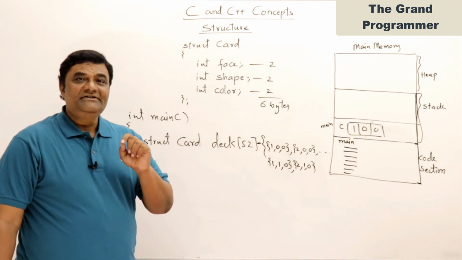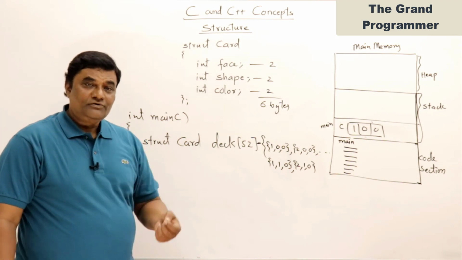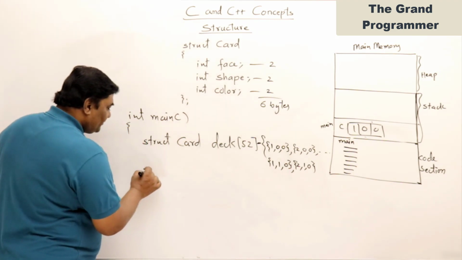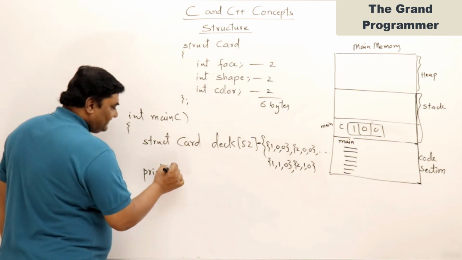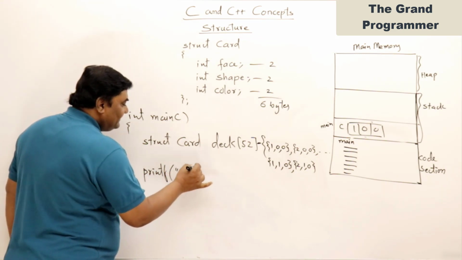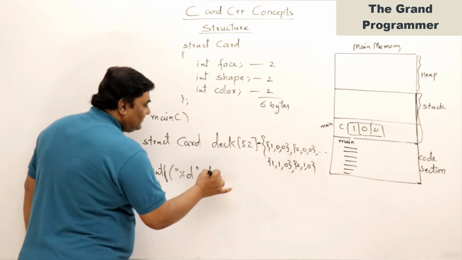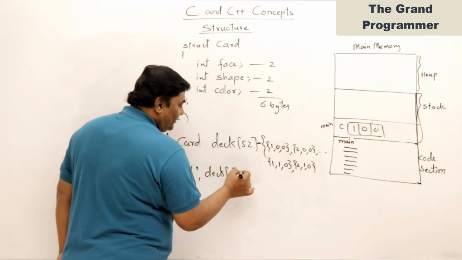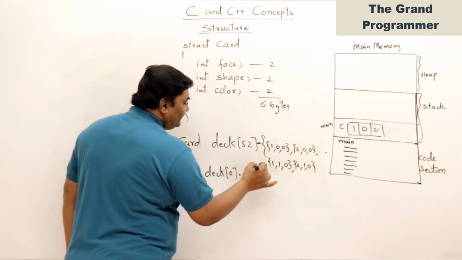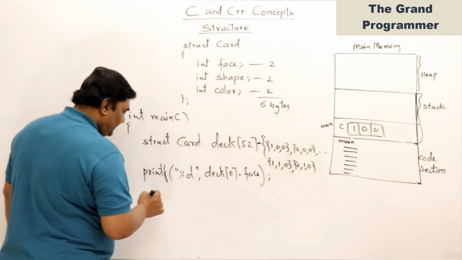If I want to access them individually, like the first card I want to display, then I can use the dot operator. So let us print just the face value of the first card. printf %d deck[0], that is this card, dot face. So it will show the face of this first card.